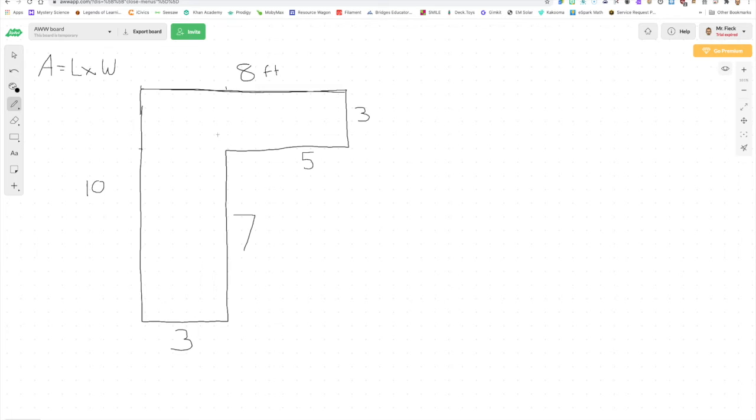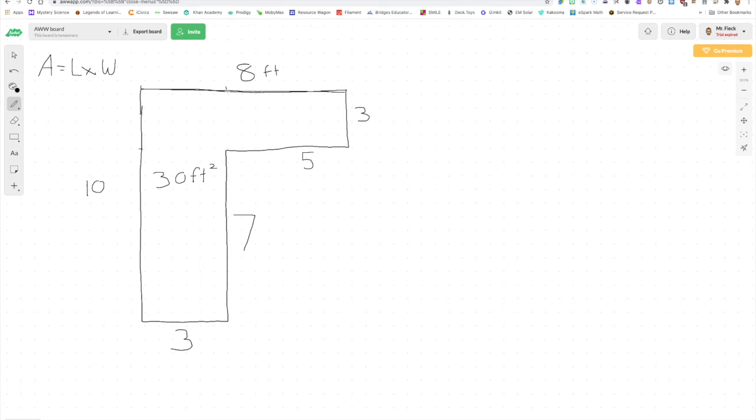So if you picture this like this is the back wall of my kitchen above the counter underneath the cabinets. If I break this up into 2 rectangles, I do a 3 by 10. Well, 3 times 10 is 30, so this one would have 30 feet squared.